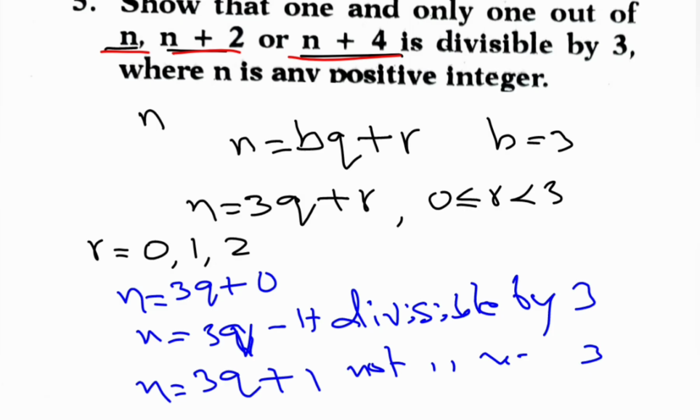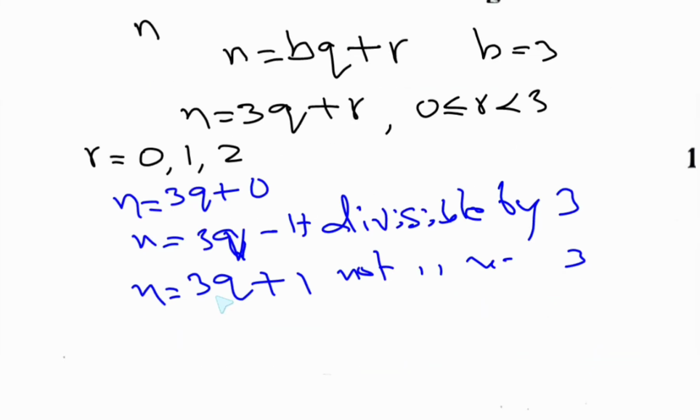And the next one, r equal to 2, n is equal to 3q plus 2, is also not divisible by 3. The first one, 3q, is divisible by 3, and the second and third are not.